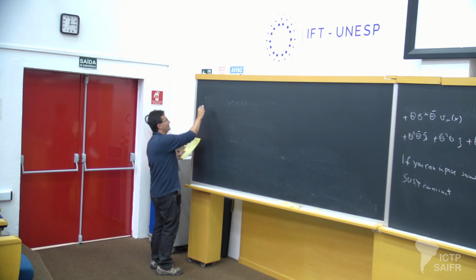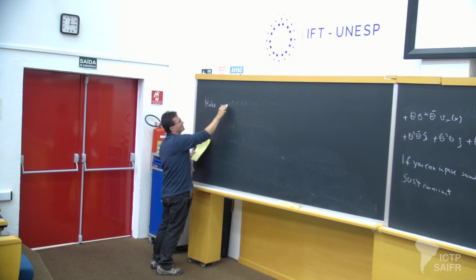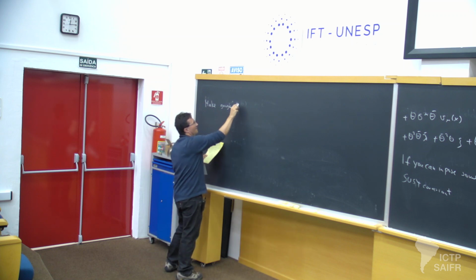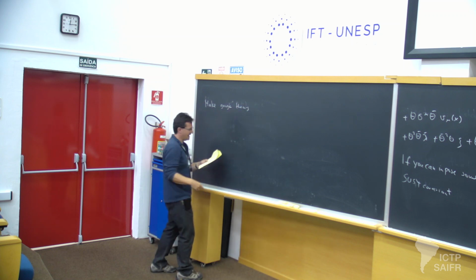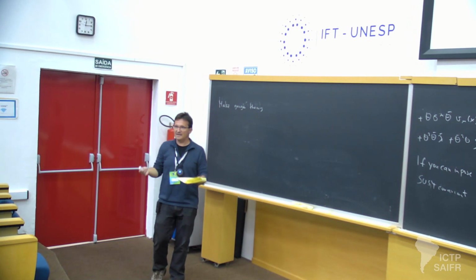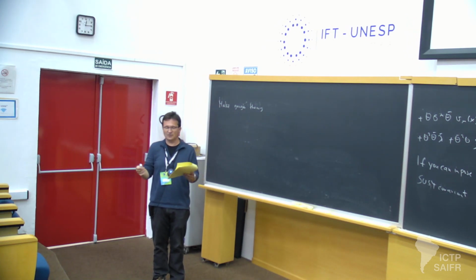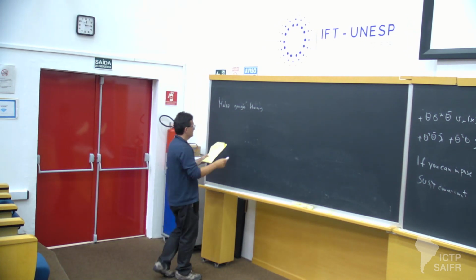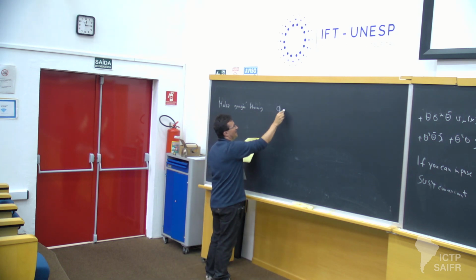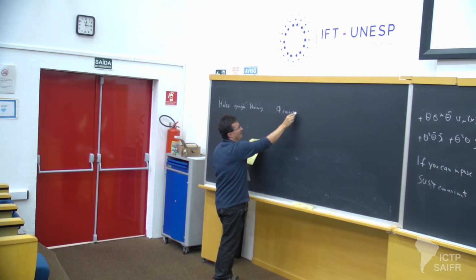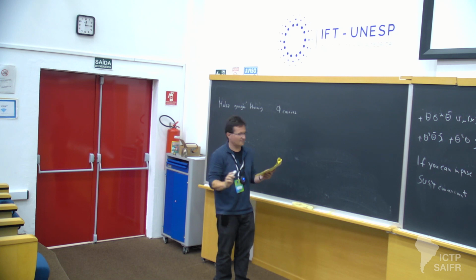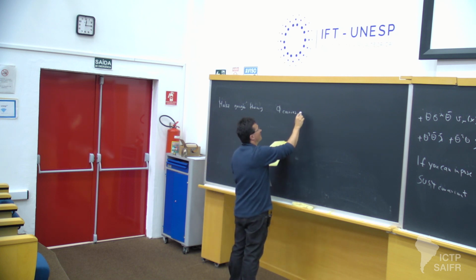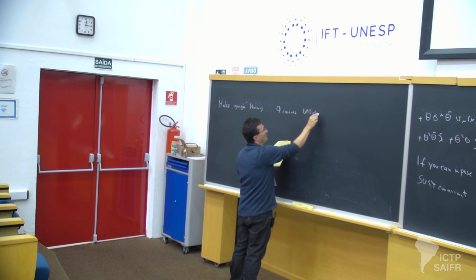I want to make it a gauge theory because the standard model is a gauge theory. That means these chiral superfields will have to pick up some charge. Let's do it first just for a U(1) gauge theory. Let's say that phi carries a U(1) charge, like if I want to write down the Lagrangian for QED, for example.